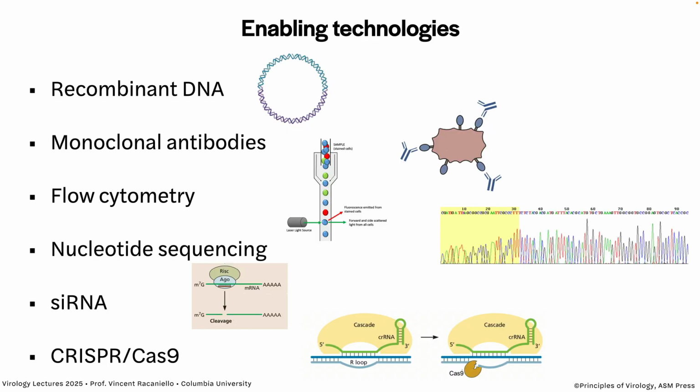Now, why did this change in 1985? Lots of enabling technologies, techniques that allow you to easily identify receptors, like recombinant DNA, the ability to clone genes encoding specific proteins, monoclonal antibodies, that is, antibodies against one epitope, flow cytometry, the ability to take a monoclonal antibody and use it to purify cells that express that one epitope as part of a protein, of course, nucleotide sequencing, and then methods for reducing the amount of receptor in cells: siRNA to knock down receptor RNA, and CRISPR-Cas and related technologies to knock out the genes encoding receptors.